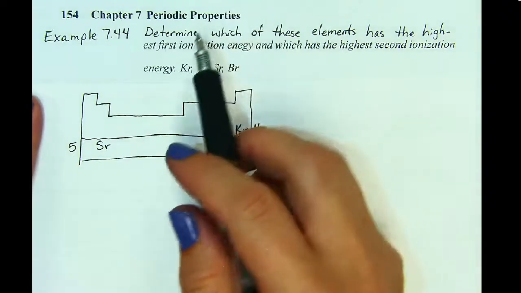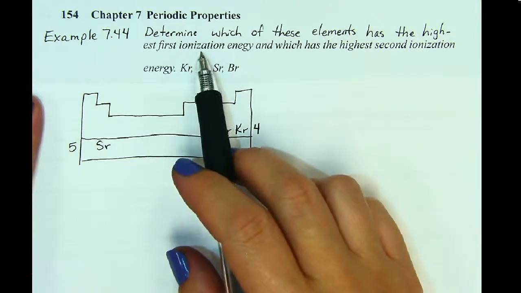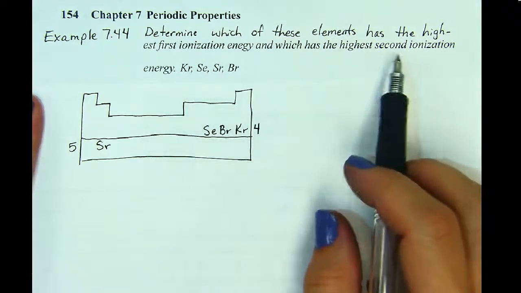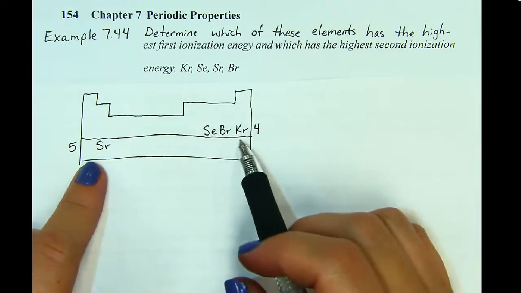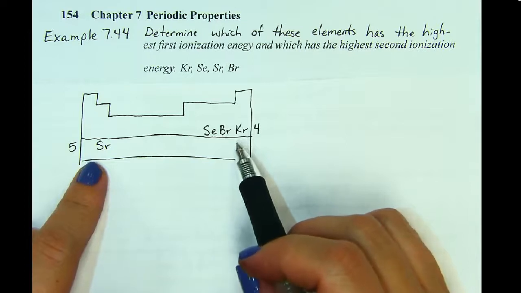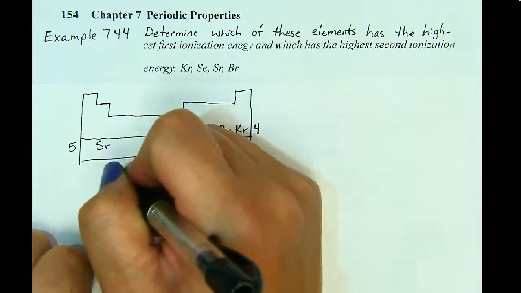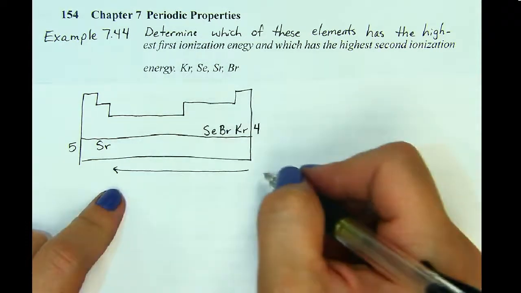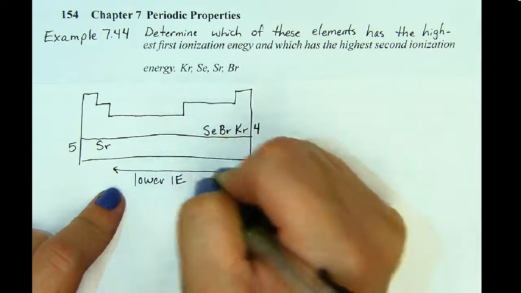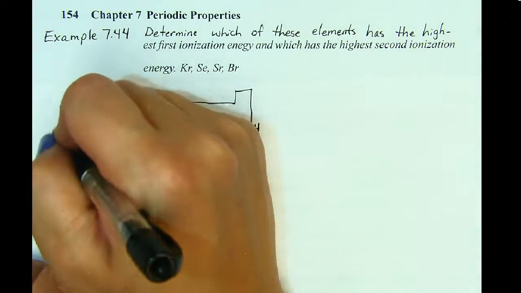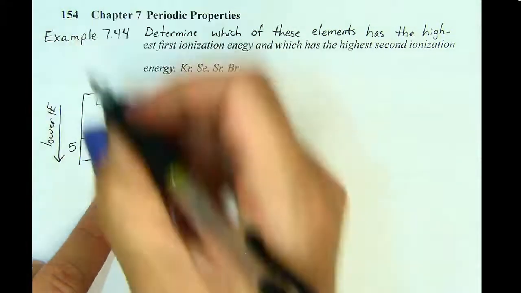Example 7.44, determine which of these elements has the highest first ionization energy and then which has the highest second ionization energy. I've made this little rough draft of the periodic table to see their locations, and you'll recall that as we go from right to left, your atoms get larger, which means they're going to have a lower ionization energy, and they also get larger going down, so they'll have a lower ionization energy going down the table.